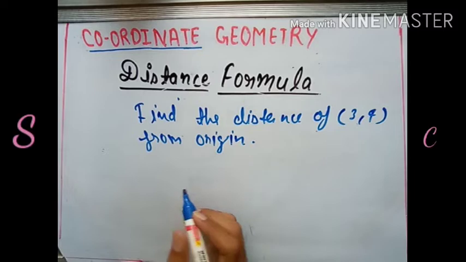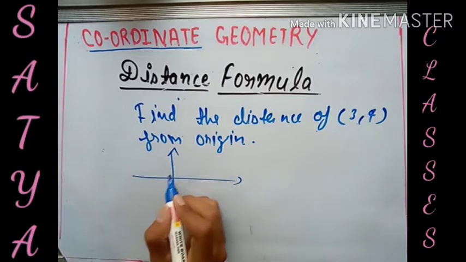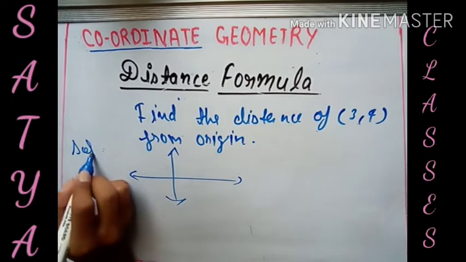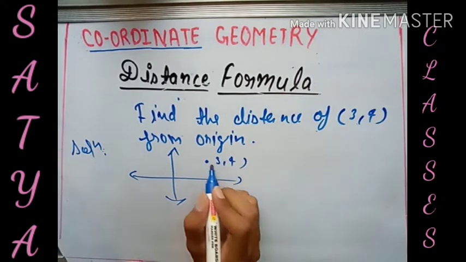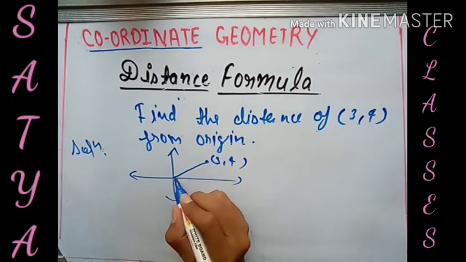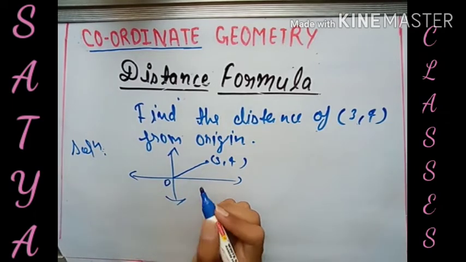For finding it from the origin, draw the Cartesian system simply. This is the solution, and put the point 3, 4 here. This is the distance you are going to calculate.